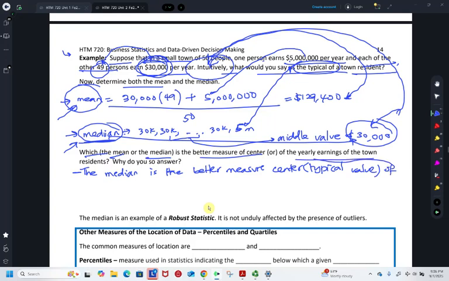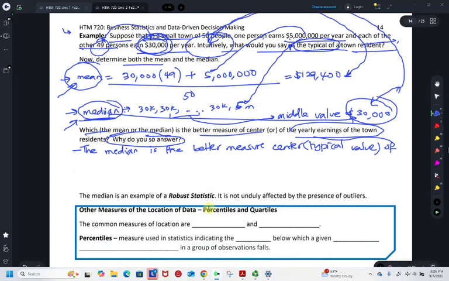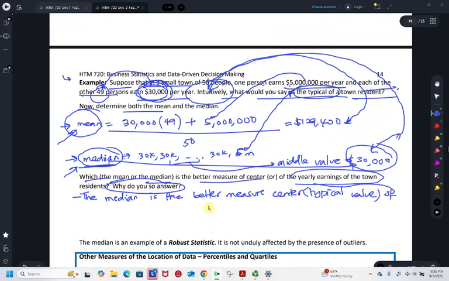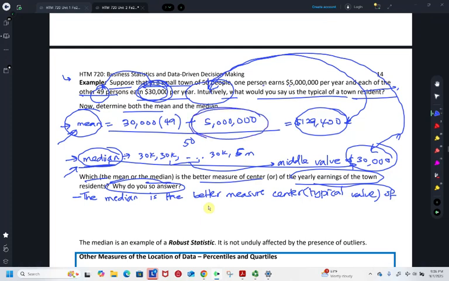Of yearly earnings. And why do we so answer? Because it aligns with our intuition. And you will notice that we might want to ask, why is the mean unusually bigger than what? Than the median? That is because we had an extreme value here, which is 5 million.